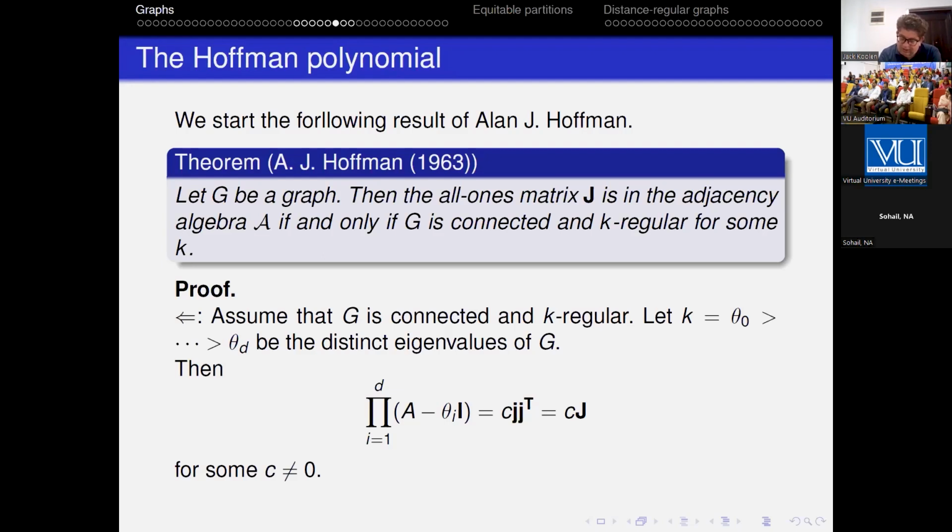It should be in the eigenspace of this matrix. So therefore, you get a constant by the O1 vector or O1 matrix. That means that J is a polynomial in A, and therefore this is in the Artesian algebra.